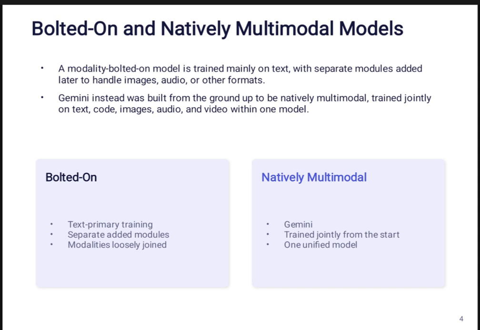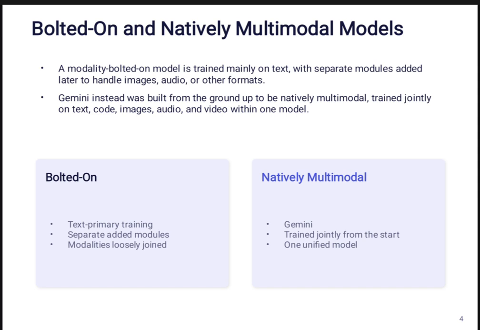Bolted-on and natively multimodal models. A bolted-on model is trained mainly on text, with separate modules added later to handle images, audio, and other formats like video and animation.